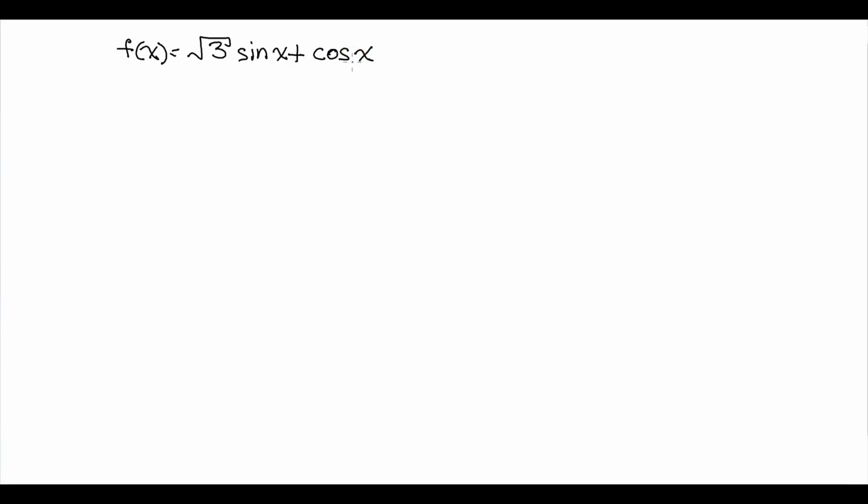We want to find where it's increasing or decreasing and all the relative extrema, the maximum and minimum points, relative maximum minimum points from 0 to 2 pi.